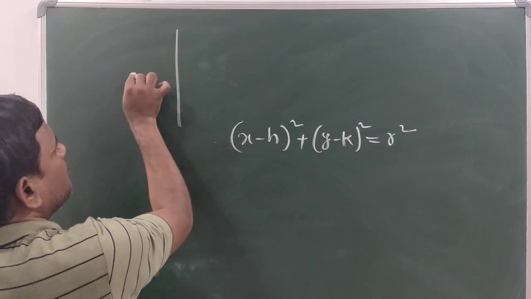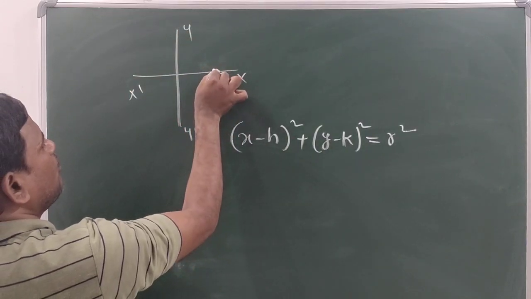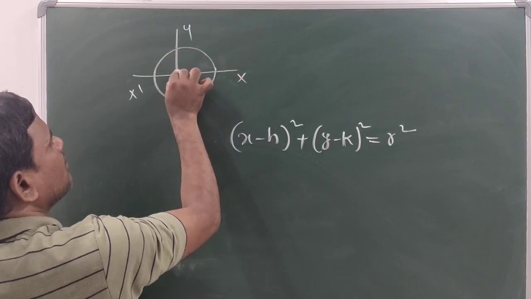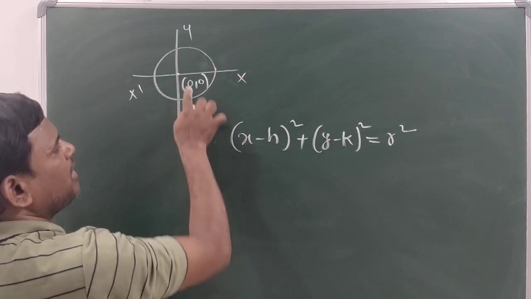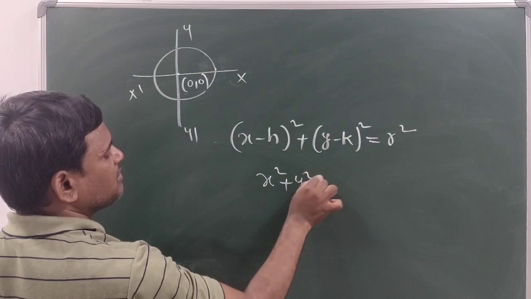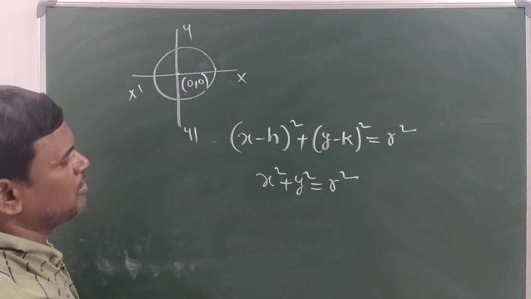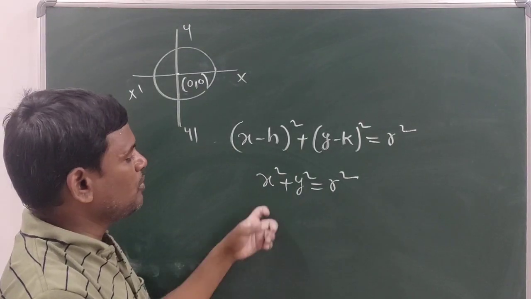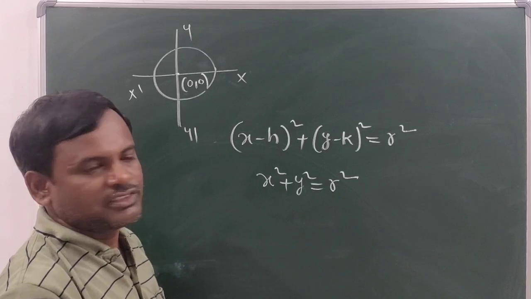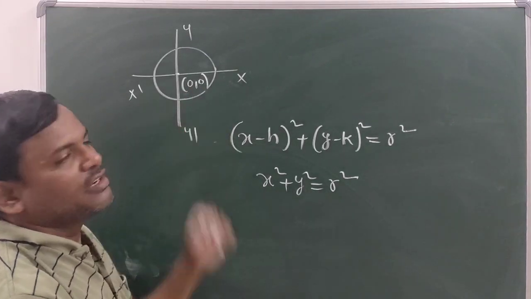So suppose the center is kept at the origin (0, 0), then it will become x square plus y square equal to r square. Okay, this is one more standard form of the circle equation, x square plus y square equal to r square, whose center is kept at the origin.